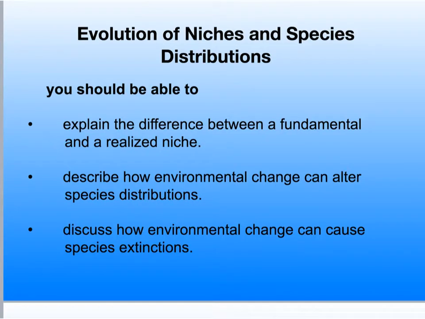Because evolution alters the traits that species express, and because different traits perform well in some environments but not in others, the evolution of species affects where species are able to live on Earth or not. And as environments have changed over millions of years, species have responded by altering how they are distributed.